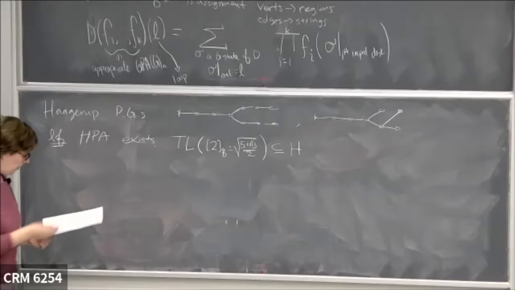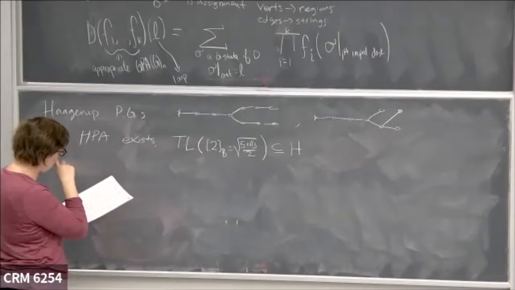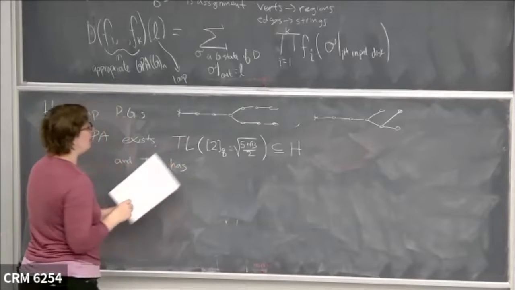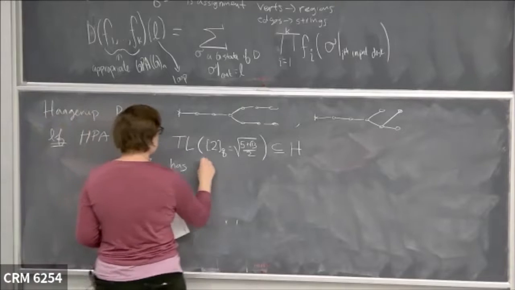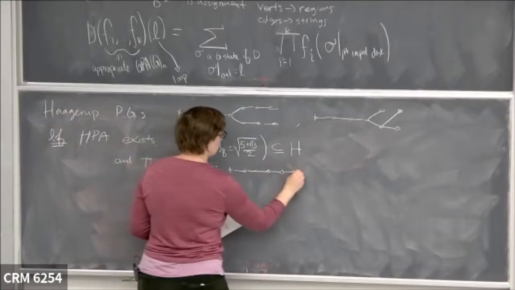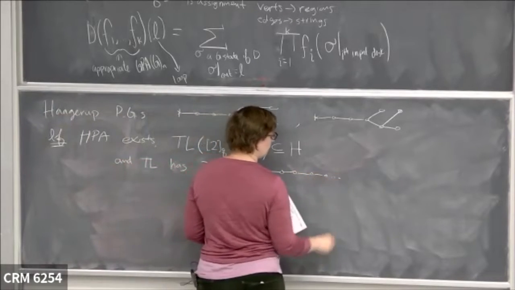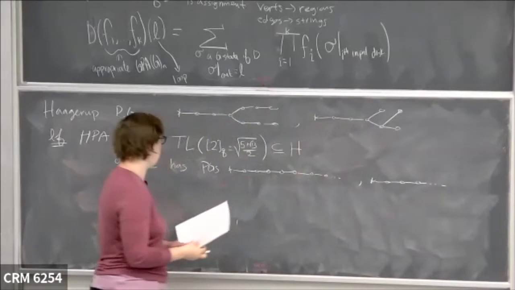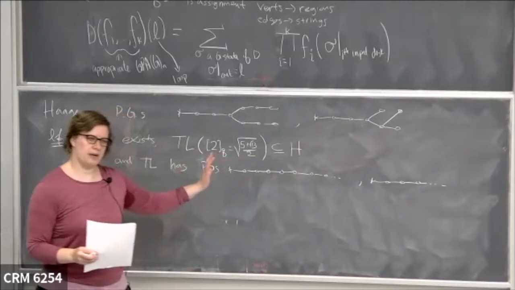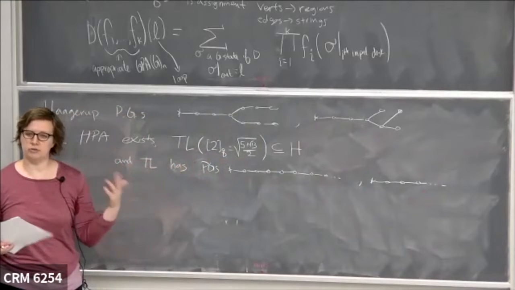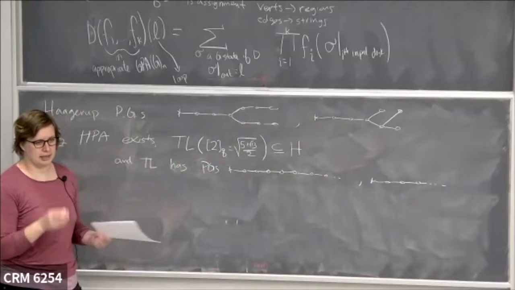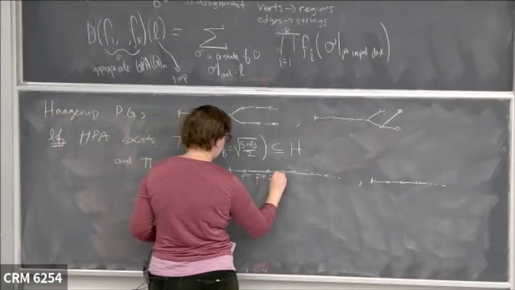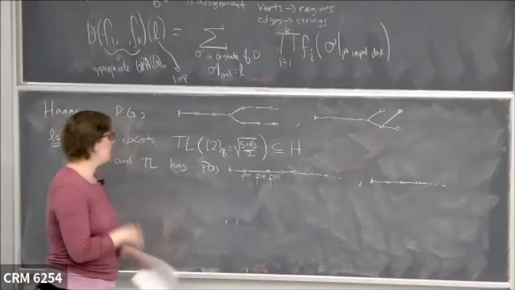And Temperley-Lieb at any value more than 2 has as its principal graph just an infinite chain. And that's the other principal graph too. This, by the way, is what we talked about the other day about the Jones-Wenzel projectors inside Temperley-Lieb. That these vertices correspond to these Jones-Wenzel projections, but I'm not going to get into that.